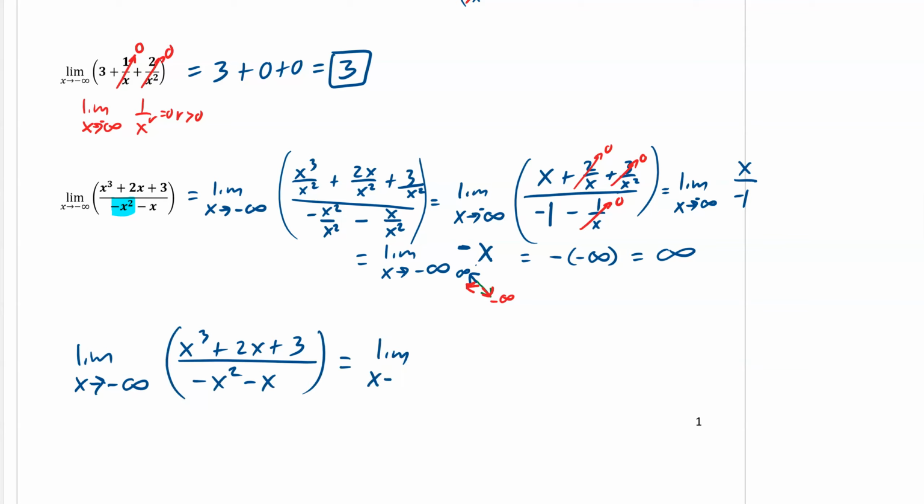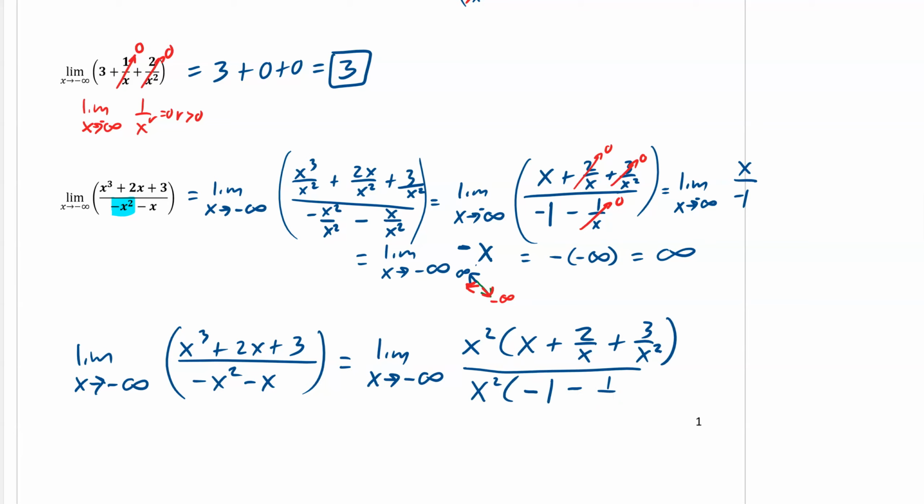So if we factor out the degree on the bottom, we would end up with x squared on top, and then x plus 2 over x plus 3 over x squared. And on the bottom, we would end up with x squared, and then we would get -1 minus 1 over x.